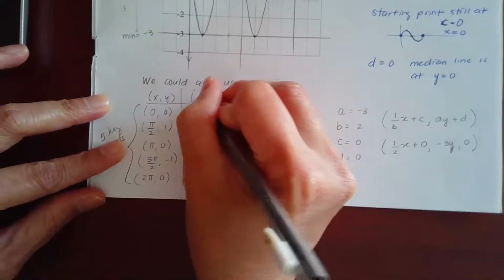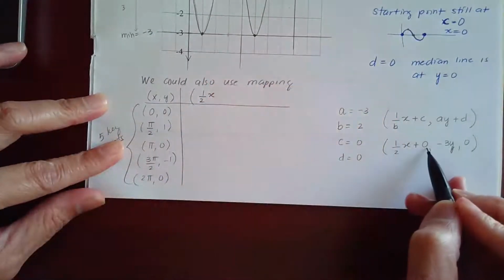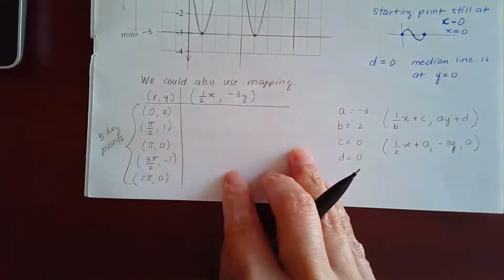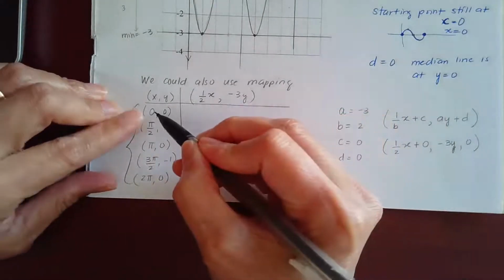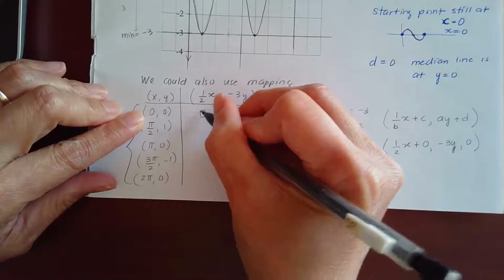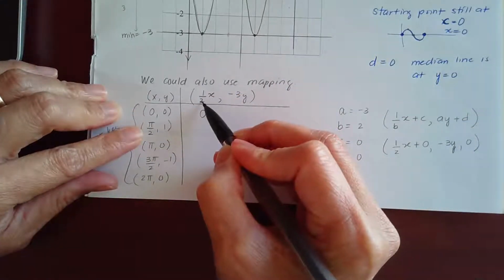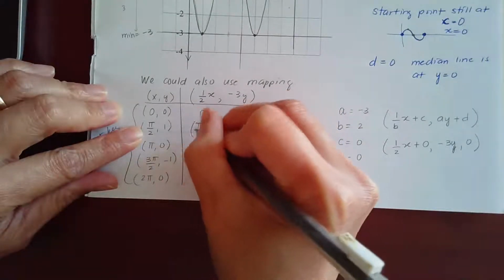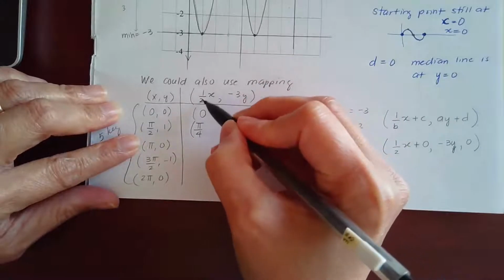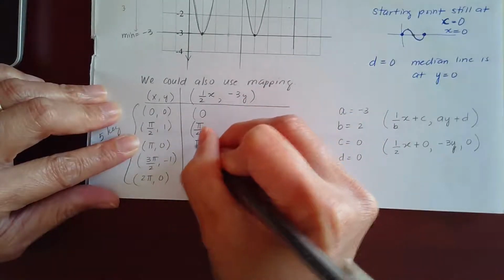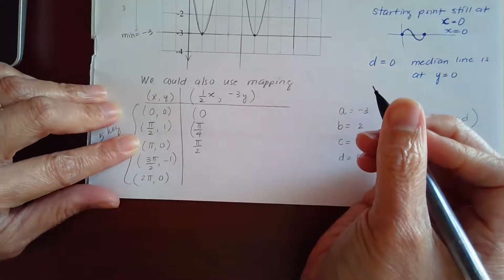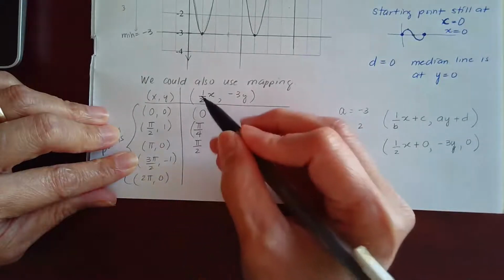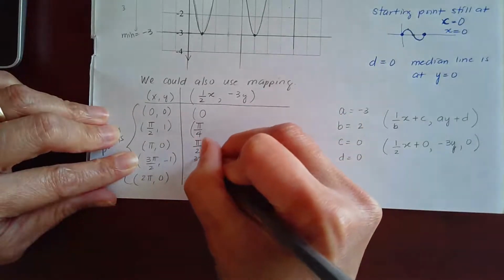That's going to be 1 half X, comma, negative 3 times Y. If X is 0, 1 half times 0 is 0. 1 half times pi halves is pi over 4. 1 half times pi is pi halves. 3 pi halves times 1 half is 3 pi over 4.